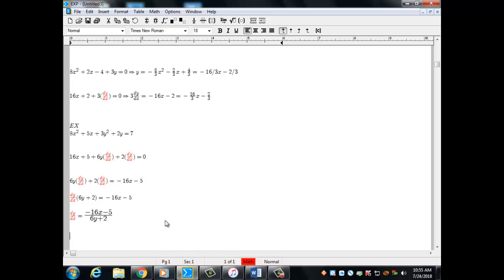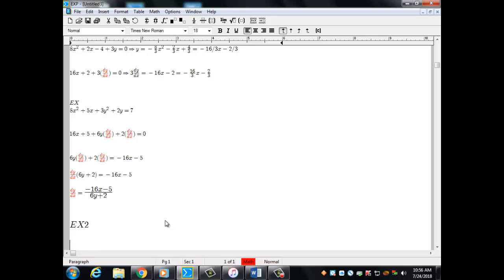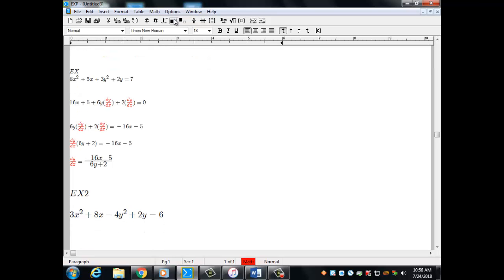So here's what we're going to do. We're going to go example 2. We're going to go 3x squared plus 8x minus 4y squared plus 2y equals 6. We're going to do two things. A, we're going to find dy dx.